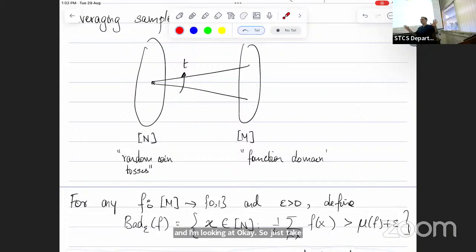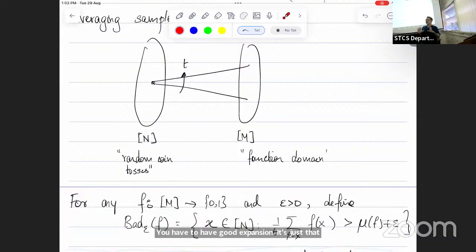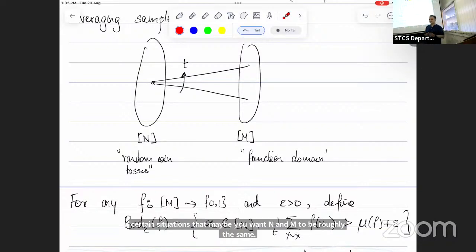Many of the different pseudorandom objects that we study will all have something to do with a bipartite graph that you want to have good expansion. It's just that depending on the context, this graph has different flavors. There are certain situations where you want n and m to be roughly the same, and you want t to be constant.